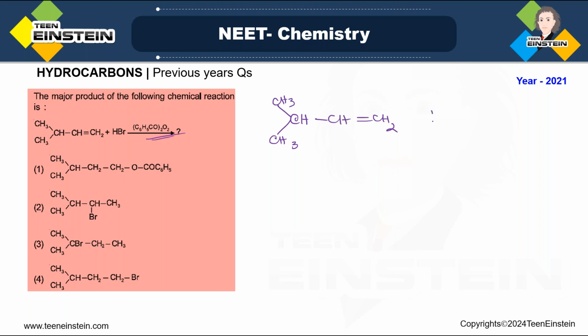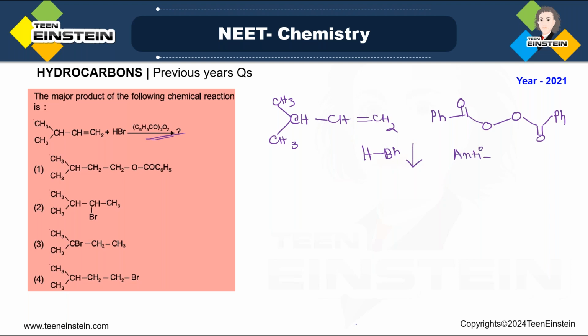(PhCO)2O2. If you write this molecule properly, PhCO comes 2 times, and in between you have a peroxide linkage. Now, whenever you have any peroxide linkage containing compound and you are doing addition of HBr, it will follow the anti-Markovnikov rule.